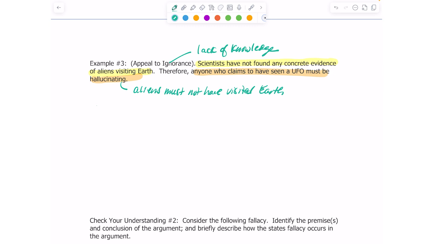The absence of evidence is not evidence of absence, in other words.